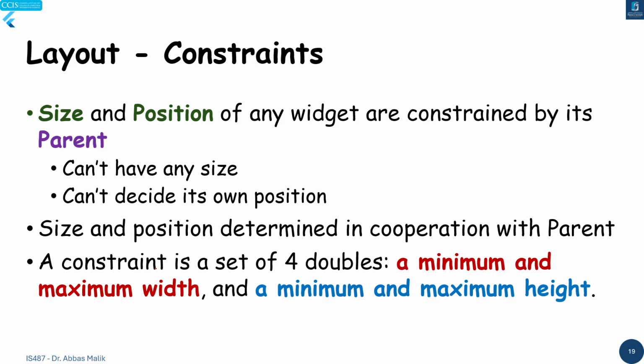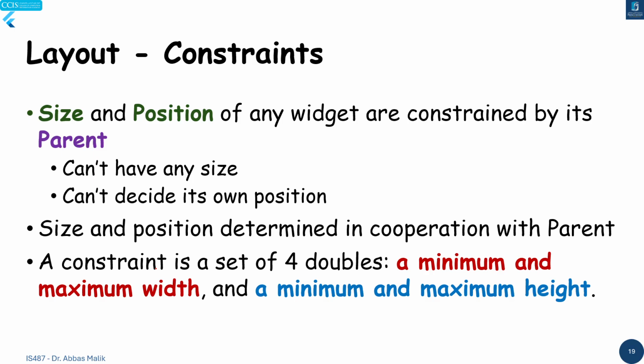The child cannot say, oh, I want to have this size, I want to have this position. It depends on the constraints which are inherited from its parent. So the parent and the child work together to find out the exact size and position of a widget. Size and position are determined in cooperation with the parent.